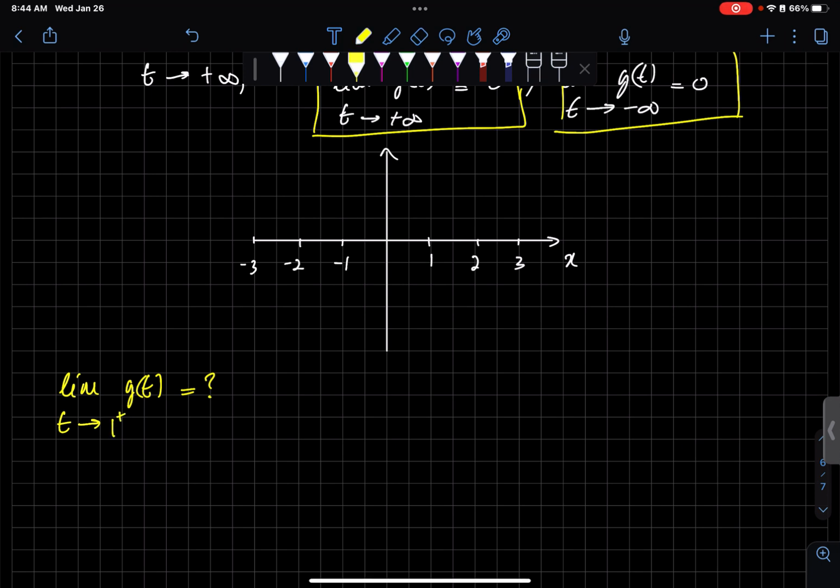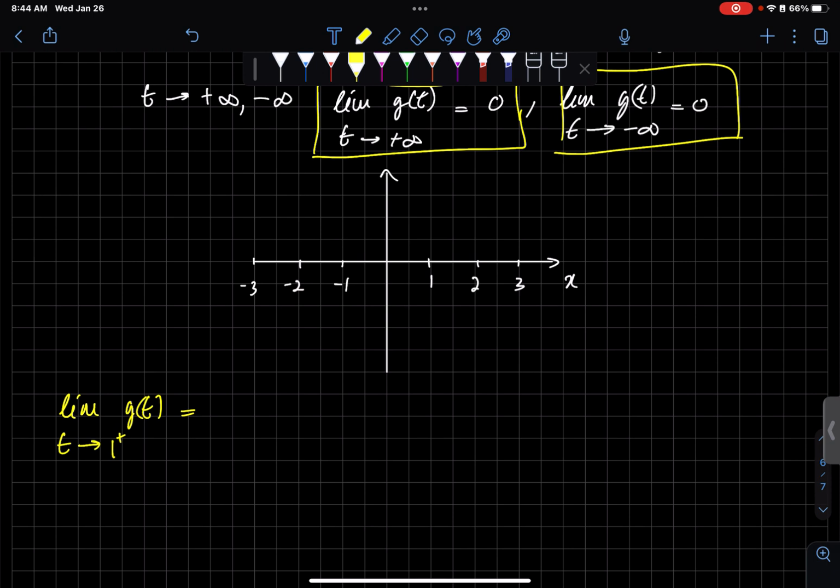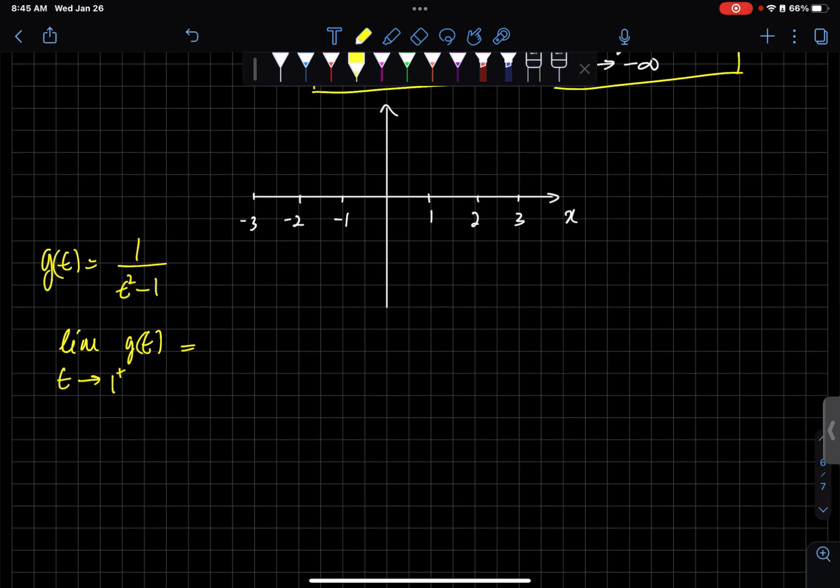and from the right. Okay, so let's look at the function as it approaches 1 from the right. I'm just going to rewrite what g of t is. So g of t is 1 over t squared minus 1. We need to see what's happening as you get closer and closer to 1 from the right.